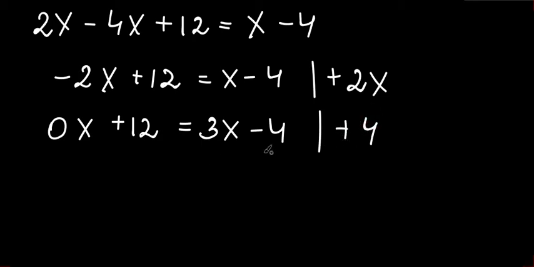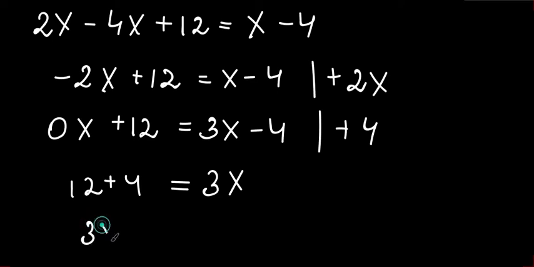This will give us 0, and it will be 3x, and this will give us 12 plus 4, and it will give us 16. So 3x is equal to 16, and now we divide it by 3, and we get that x is equal to 16 by 3.